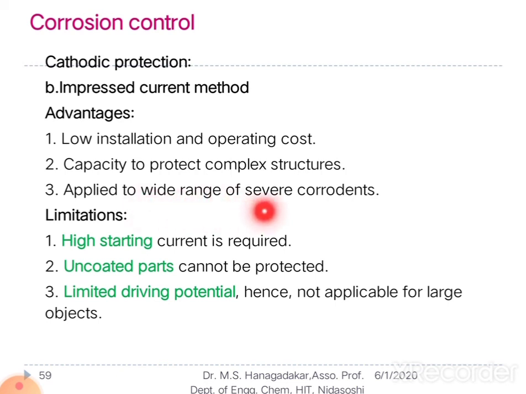Applied to a wide range of severe corrodants are some very good advantages. There are some limitations. High starting current is required. Second one, uncoated parts cannot be protected. Third one, limited driving potential, hence not applied for large objects.